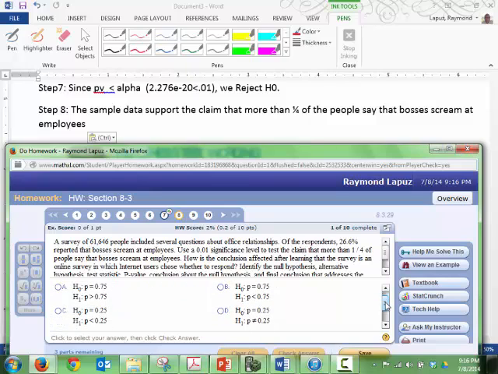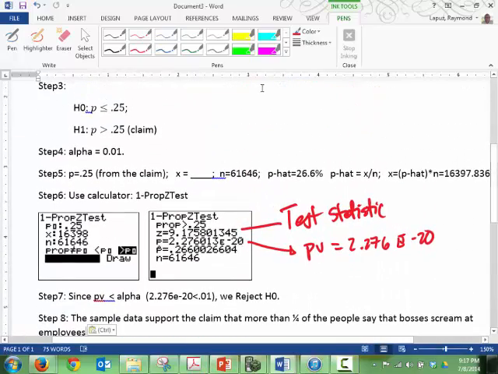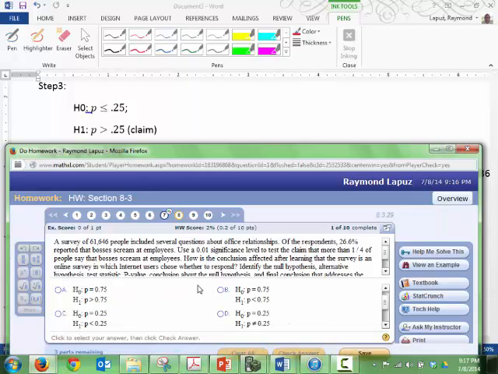Okay, so already there's a little bit of a discrepancy between what I'm telling you and what's up here. According to what we have, the null hypothesis is less than or equal to, and the alternative hypothesis is strictly greater than. That's different from the choices that they have here, it looks like.